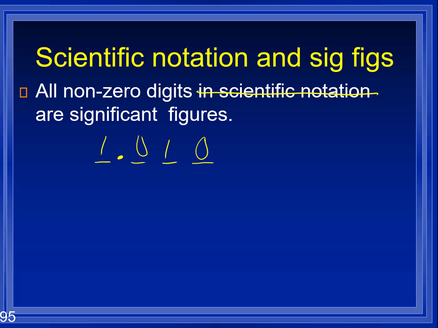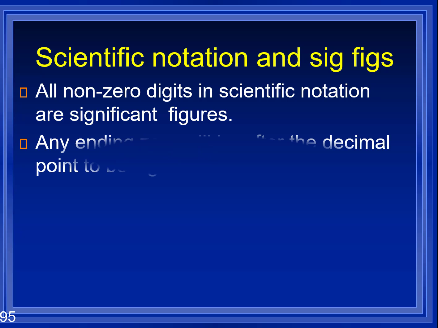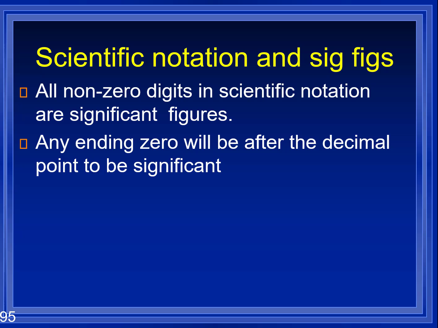Notice that no matter where I can put a 0, it's in a place that counts. So in scientific notation, it's going to be an ending 0. If it's an ending 0, it's got to be after the decimal point because it can't be before the decimal point, because it's got to be between 1 and 10. Or it's got to be in between. In between automatically counts.